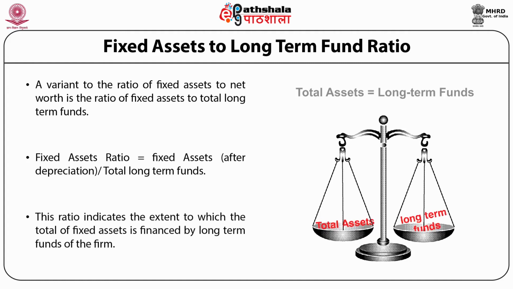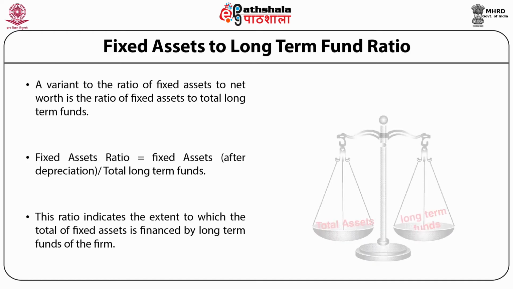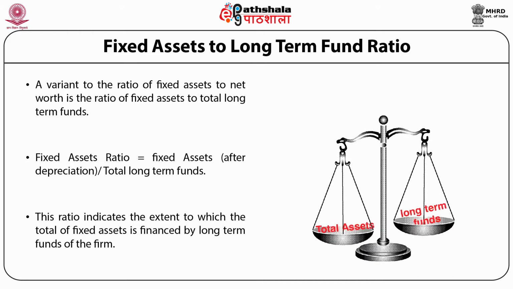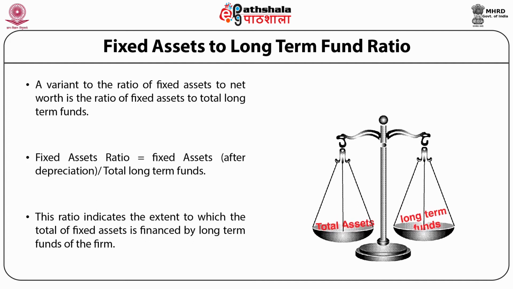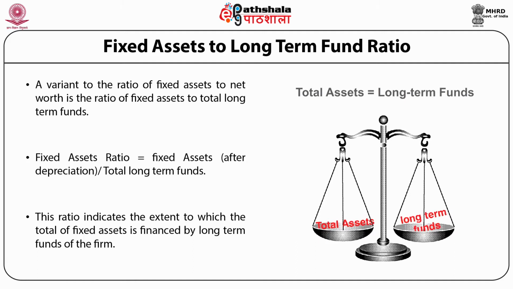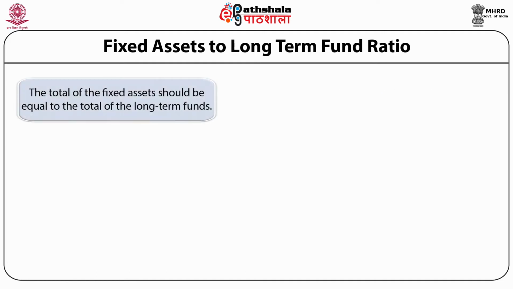This ratio indicates the extent to which the total of fixed assets is financed by long-term funds of the firm. The total of the fixed assets should be equal to the total of the long-term funds.